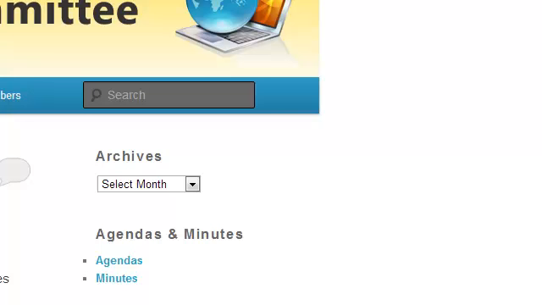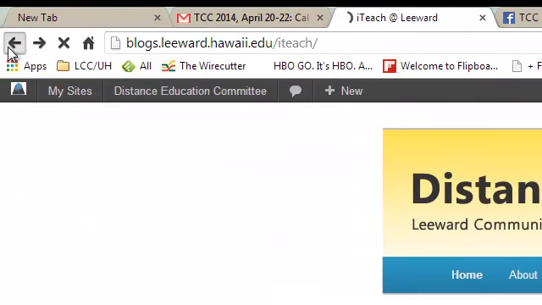The Laulima Innovation Award is given by the committee each year. And then the Leeward Community College Distance Education Guidelines approved by the committee. And you need to go by these guidelines when you create and teach online.